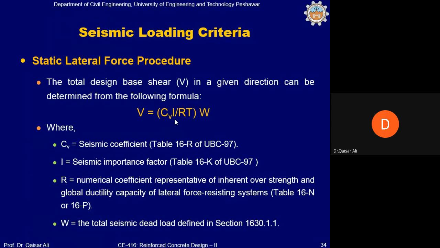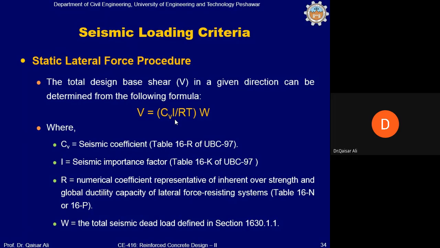If the damage is controlled and life safety is ensured even in the damaged state, then we can keep R high, because a high R will reduce base shear V, and when base shear V is kept less, the stresses will be less, and the structure will be economical.